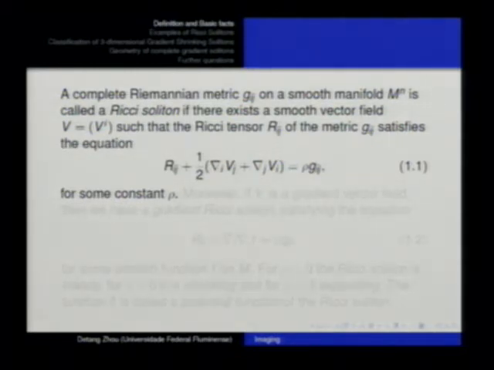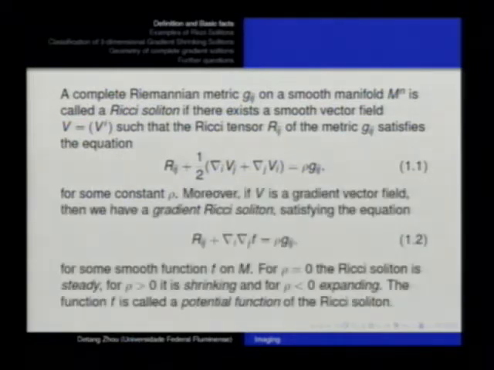In the special case when V is the gradient of some function, we call it a gradient Ricci soliton, or sometimes just a gradient soliton. Here we have a function, this is the Hessian of the function, and this is the Lie derivative of the metric. So the Ricci curvature plus the Hessian of the function equals this.